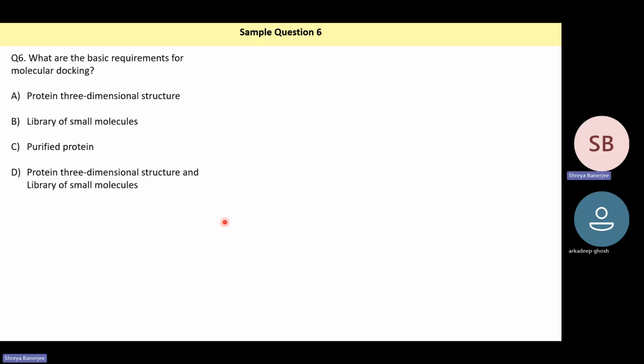Question 6 is asking, what are the basic requirements for molecular docking?